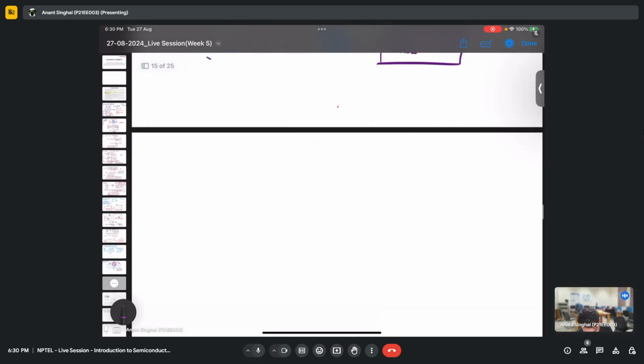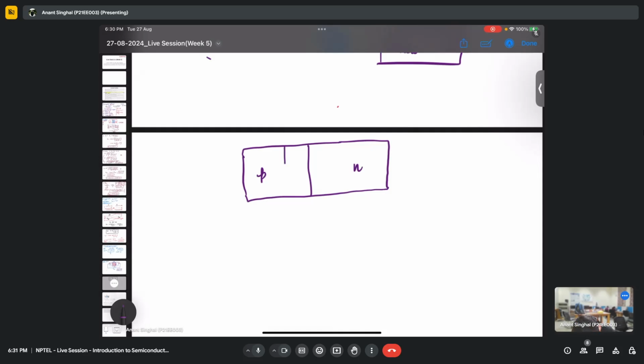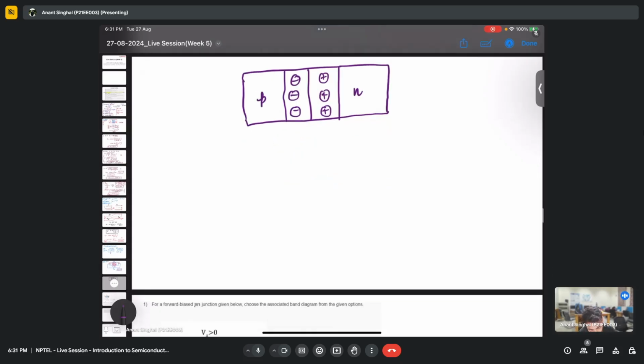As I said, we have some bias, so now it will not be in equilibrium because we will have different Fermi levels, as we have different voltages at both ends. I'm just making it like this, a PN junction. We have certain Na minus, and it is having a certain bias.